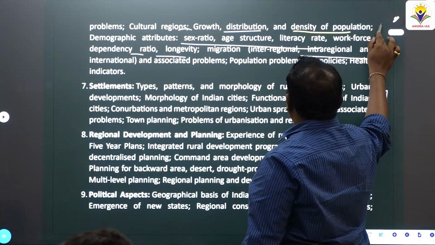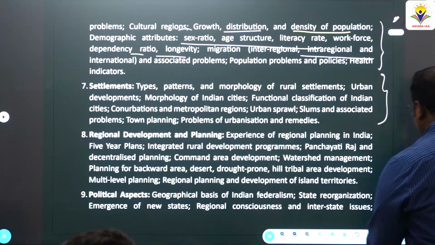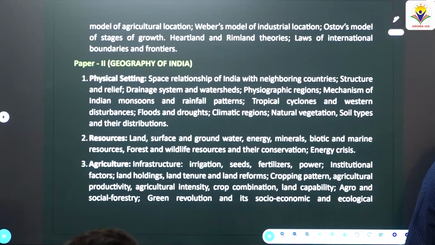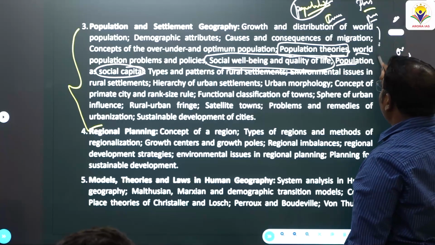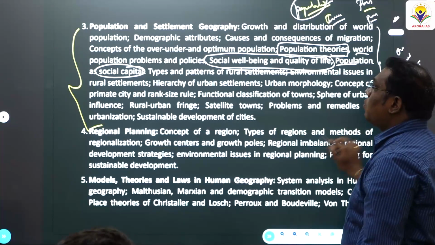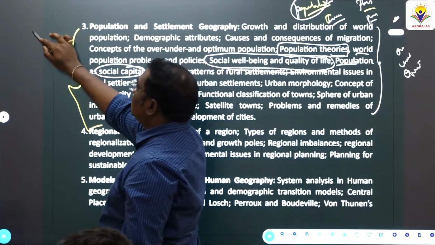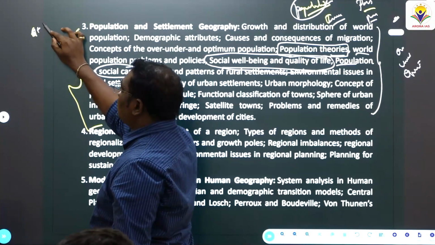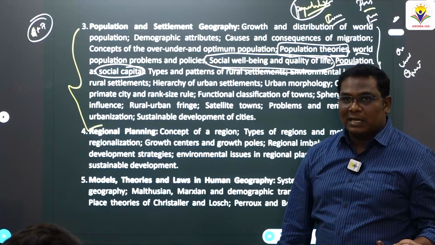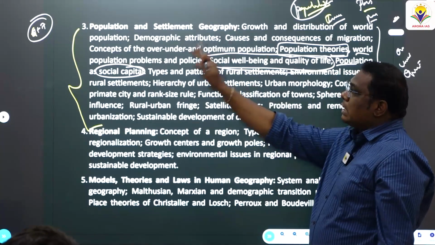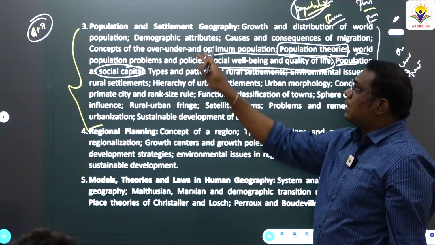All these units have been directly overlapped with unit 3 of human geography. So unit 3 of human geography has been overlapped with unit 6 plus unit 7 of Indian geography. That's why instead of separately discussing Indian human geography, they integrate the concepts here itself.